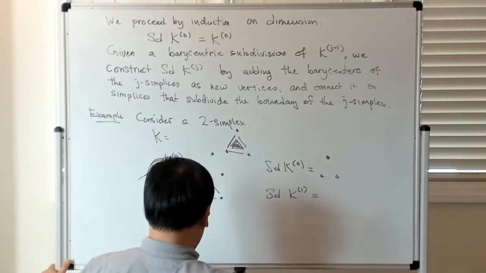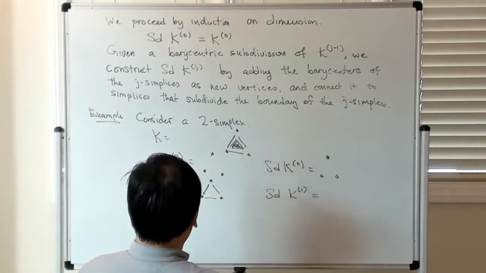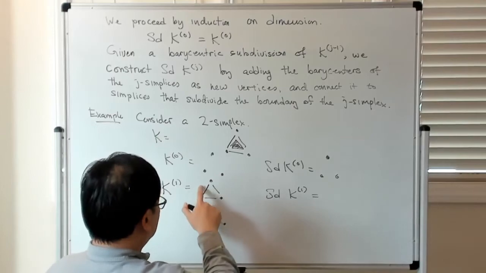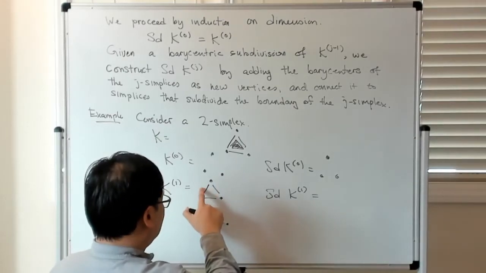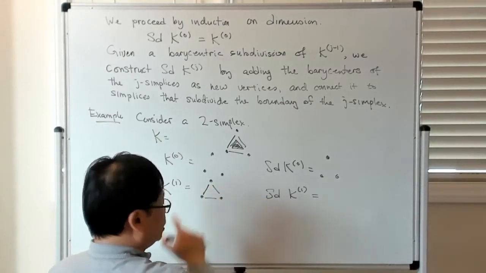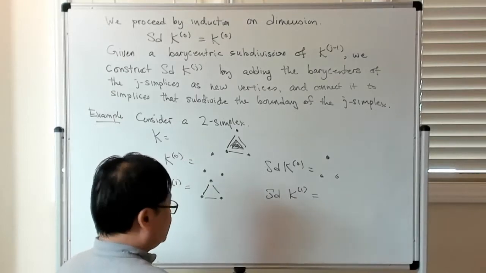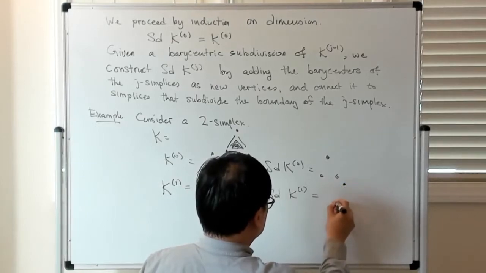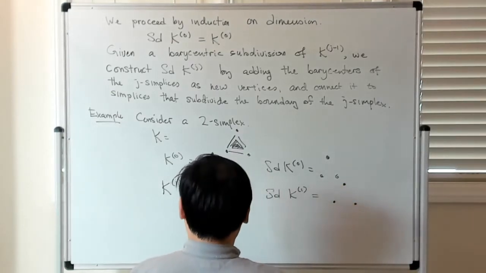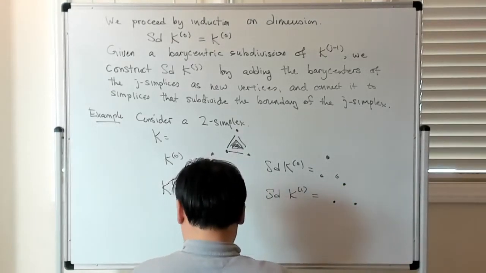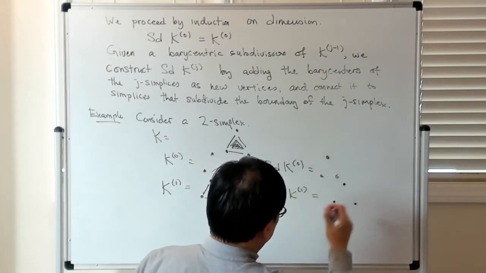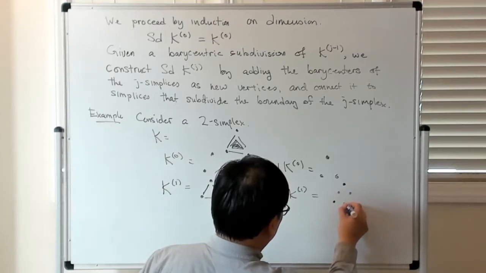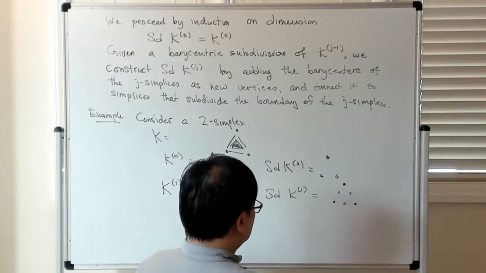So what's happening is that first I look at the one simplices, which are these three edges, and then I append new vertices, which are at the barycenter of those edges. So I have the original ones, this, and this, and let me label it with a different color. So I have new 0 simplices, which come from the barycenters.